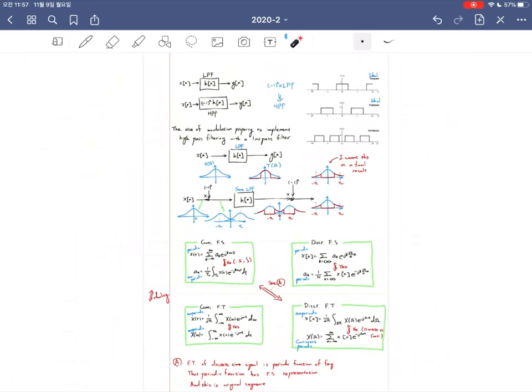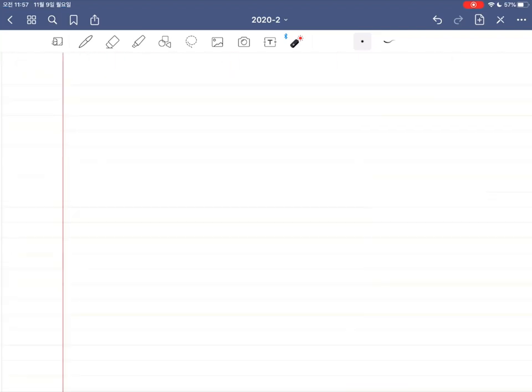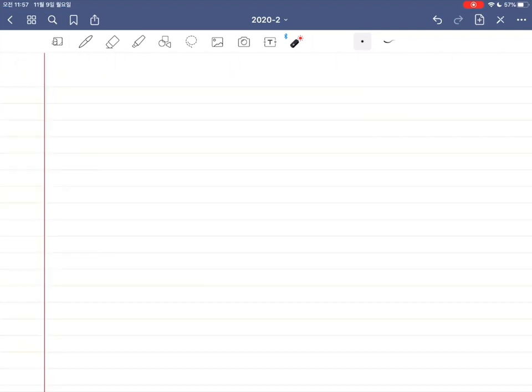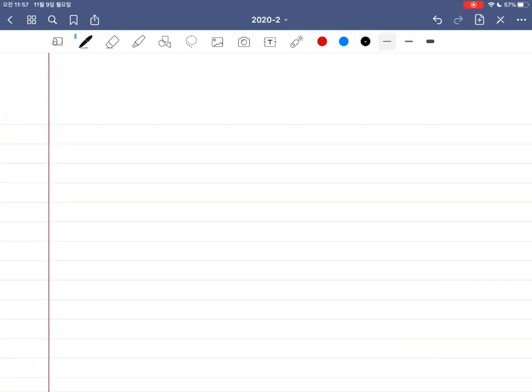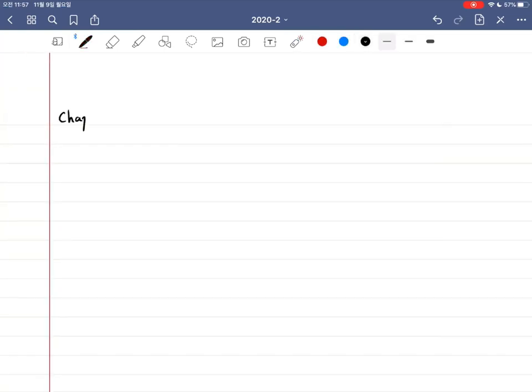Okay, so by summarizing this, I think we can finish this chapter and move on to the next one. In the next chapter, I would like to talk a little bit more about filtering, which is the application of the convolution property of the Fourier transform. Remember?